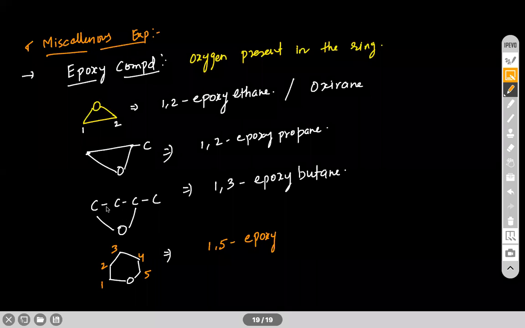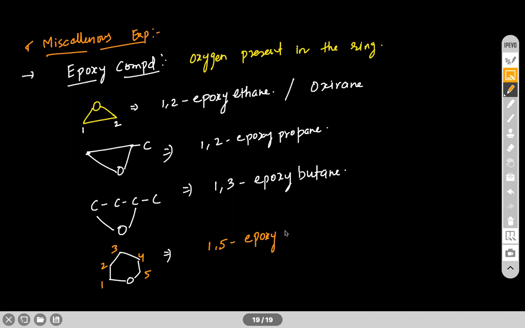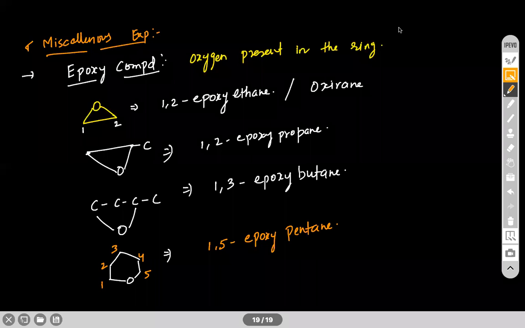You see here, we are counting only carbon atoms, butane, propane and all. So the carbon atoms are 5 here. So epoxy pentane. This is the difference we have. Correct? So this is one kind of nomenclature we have. You must keep this in mind, the epoxy compound.